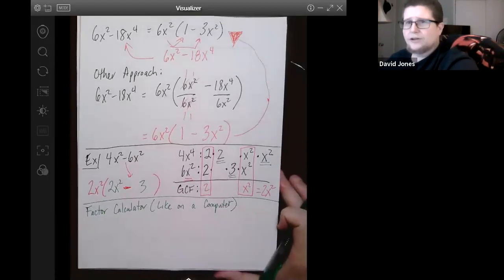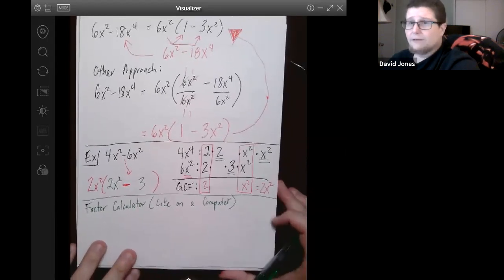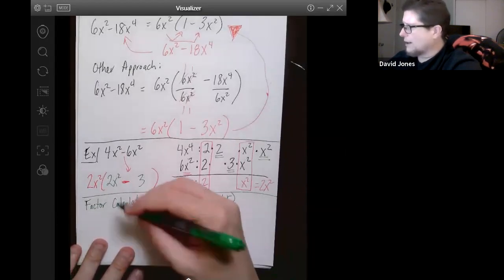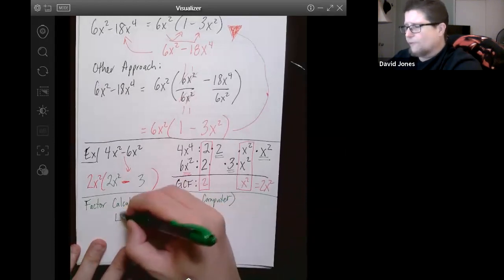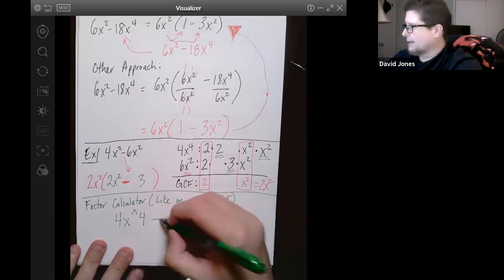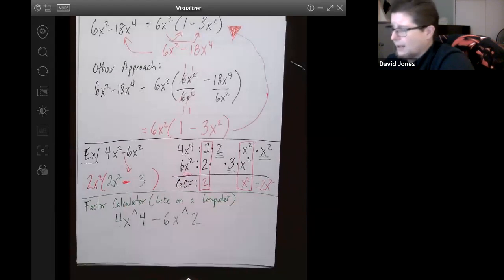You should know how to do it by hand, though. And you need to do it by hand for the test. I don't want you to cheat on the test. So in a calculator online, what you'll put is 4x and then a caret sign 4 minus 6x caret sign 2. That's how you key it in.